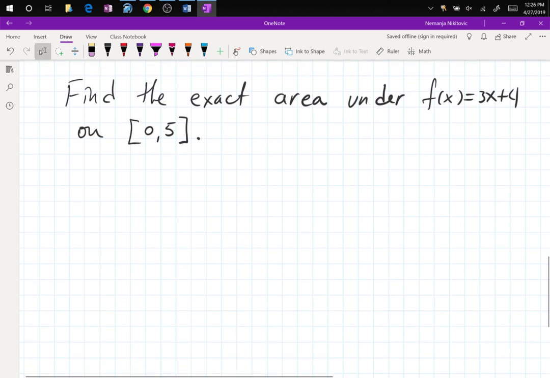Can you do this question using geometry? Sure. Graph 3x plus 4 and just cut it off at 0 and at 5 and see what the area underneath is. You're going to get some kind of trapezoid, and you can cut that into a rectangle and triangle and then figure it out. So it should take you a minute.